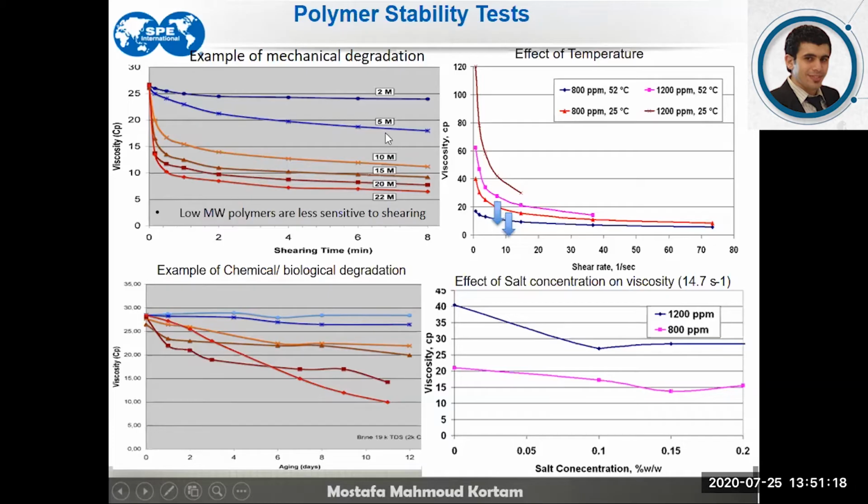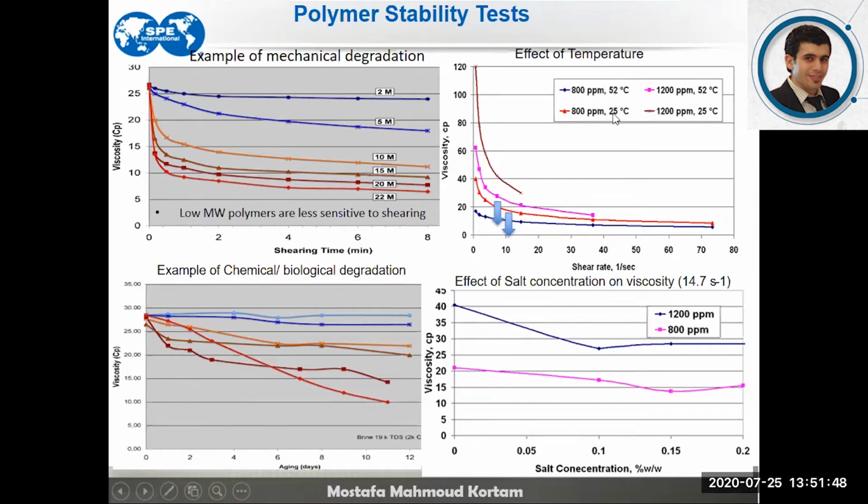That's why some people prefer to choose a lower molecular weight in their polymer flooding applications, in case it has the same efficiency and can deliver the same viscosity that the greater molecular weight can offer. The effect of the temperature: definitely, increasing the temperature reduces the viscosity at different concentrations.